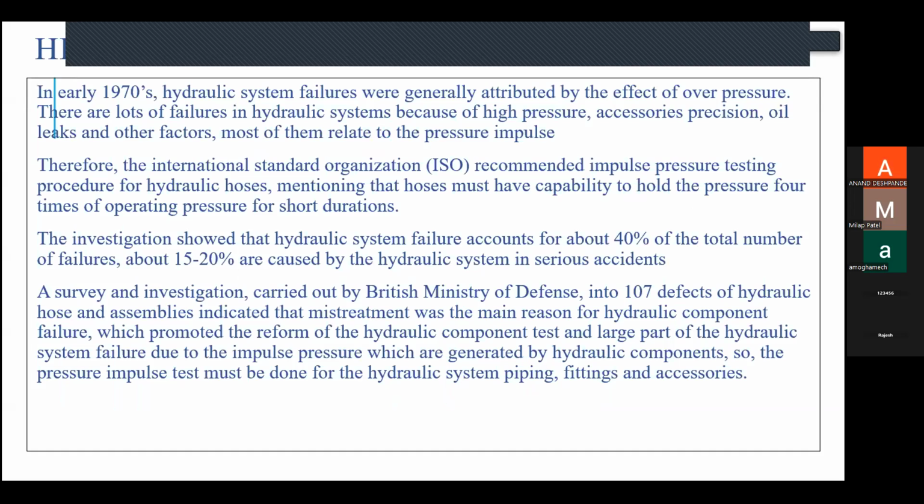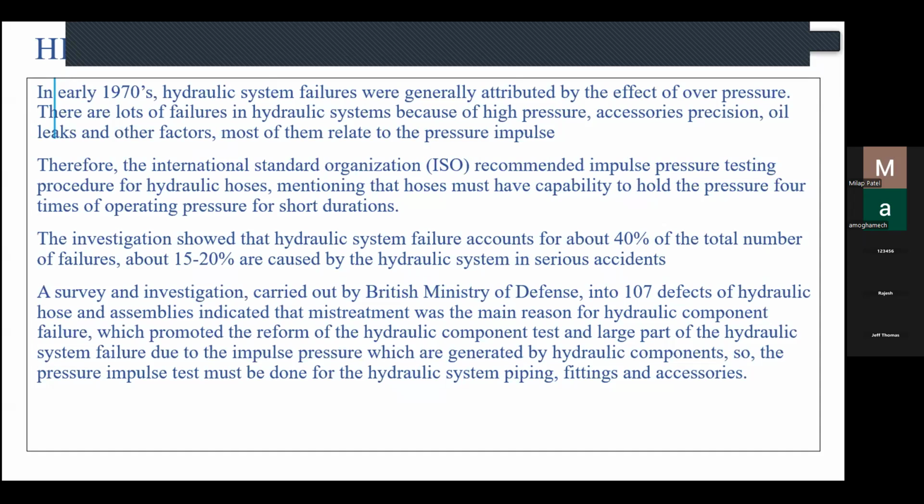Okay, so back to the topic, regarding the history, how impulse testing started. In 1970, a lot of hydraulic system failures were noted throughout the field. Then ISO recommended a test which was earlier limited to a certain extent of defense and aerospace applications. It has since been widely used for many automotive and other applications.